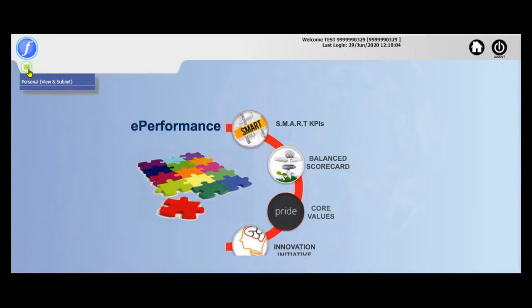for an employee who doesn't need to supervise a team. It means that he or she doesn't need to approve any of the performance forms. So there's only one folder, like what you see now: perform, personal, view, and submit. But in case you are an approver, that means you appraise your staff's performance, then you have more folders.